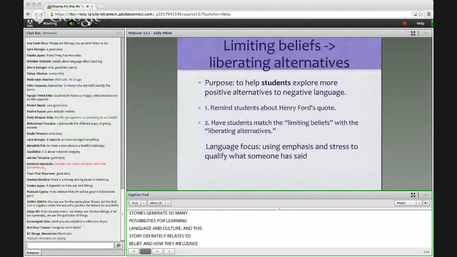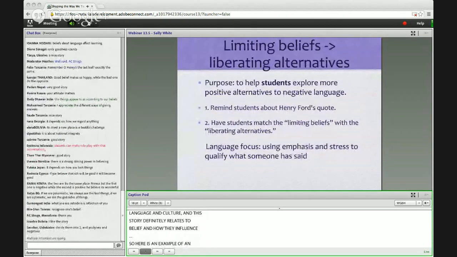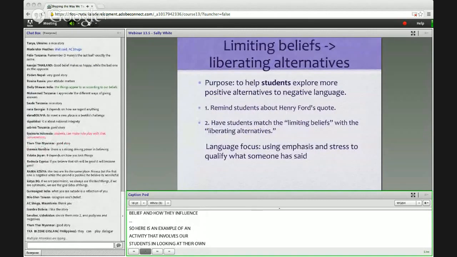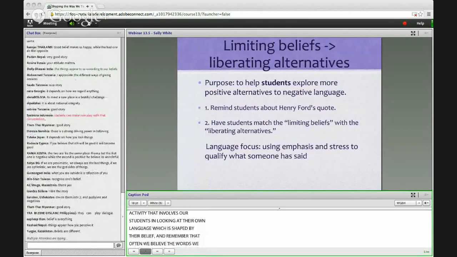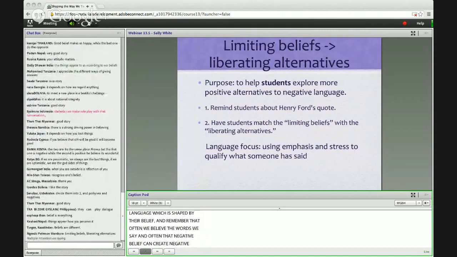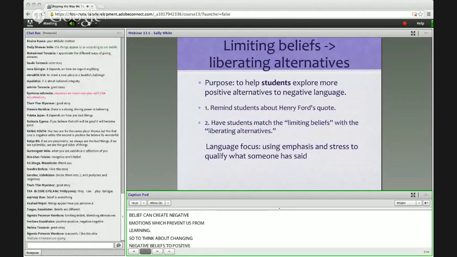So here is an example of an activity that involves our students in looking at their own language, which is shaped by their beliefs. And remember that often we believe the words we say, and also that negative beliefs can create negative emotions, which prevent us from learning. So to think about changing negative beliefs to positive beliefs, we can choose liberating alternatives. So it's sort of like freeing us from our negative beliefs.